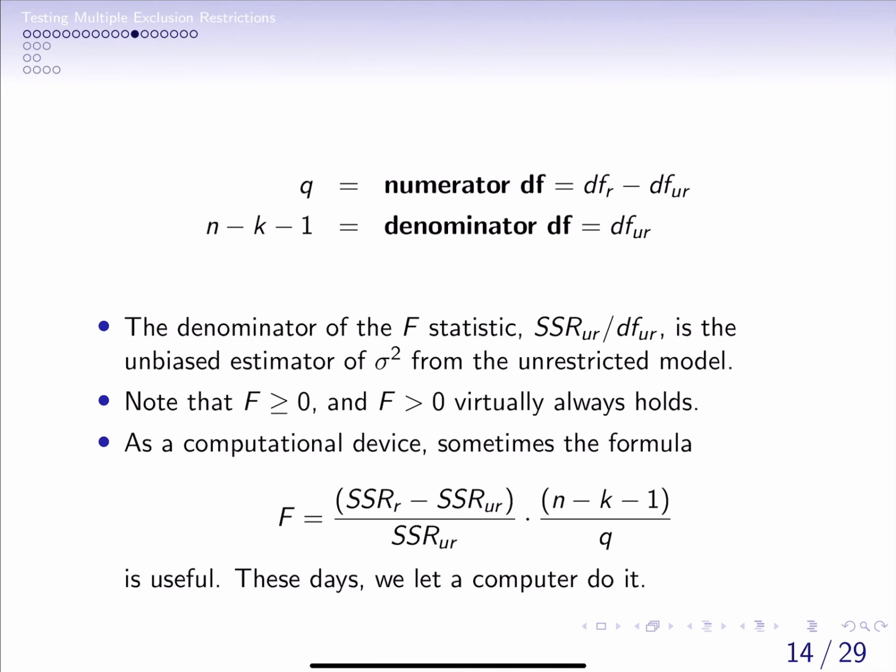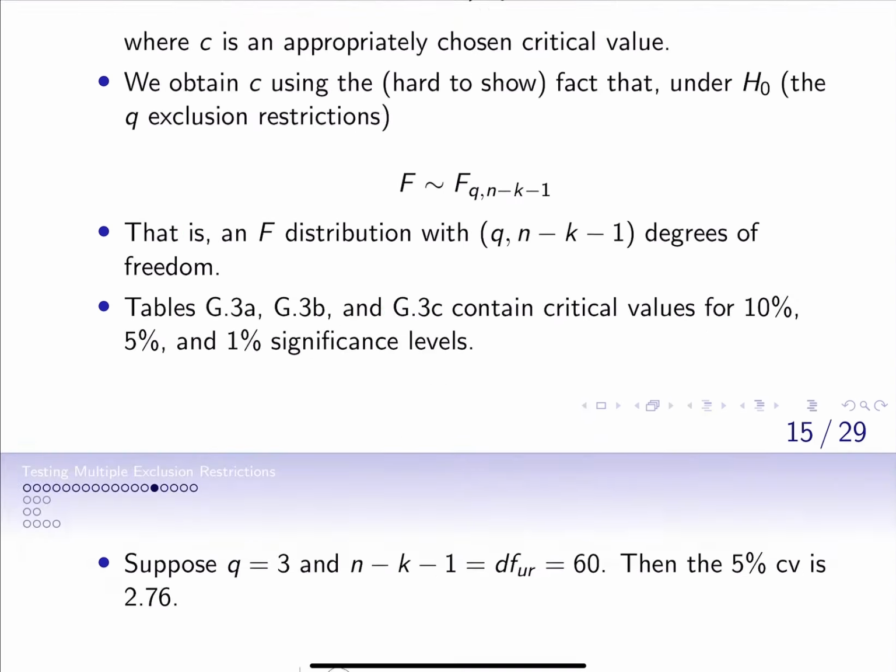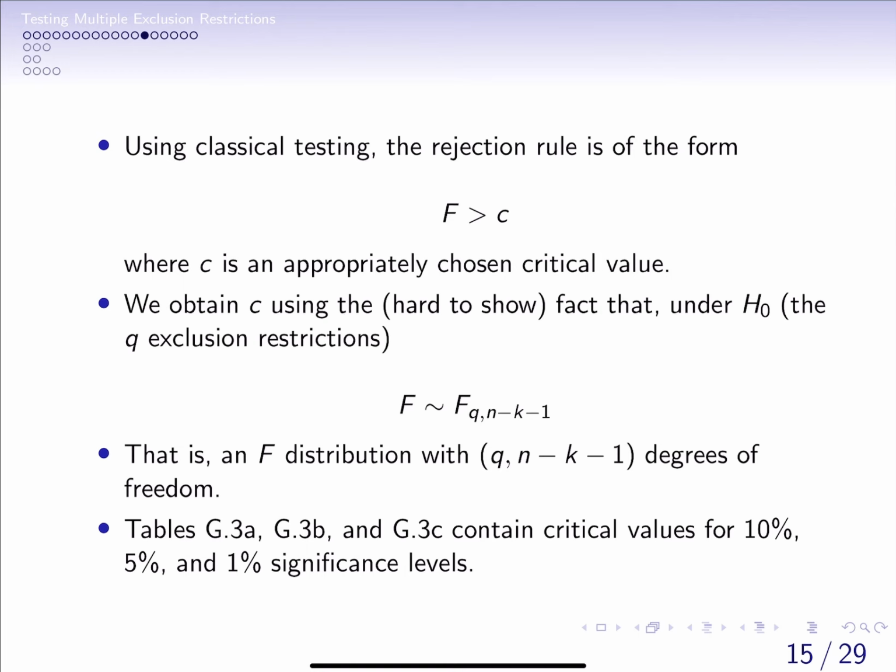Now, it's important for you to know that the F statistic is usually going to be non-negative and almost always positive because of the way the formula is set up. And the computer can compute this F statistic for you. Now remember, when we are trying to test hypotheses, the third part was to get the critical value for the test.